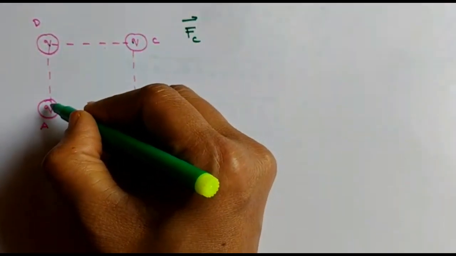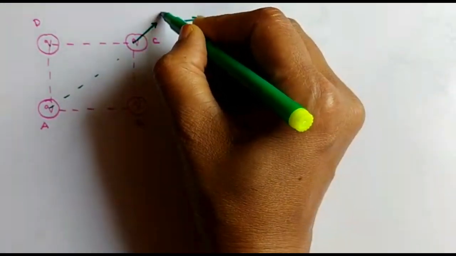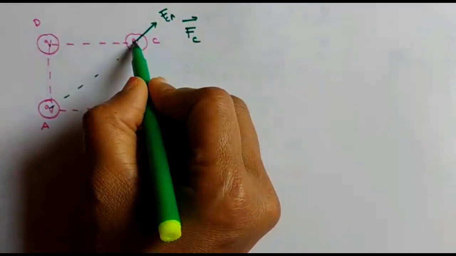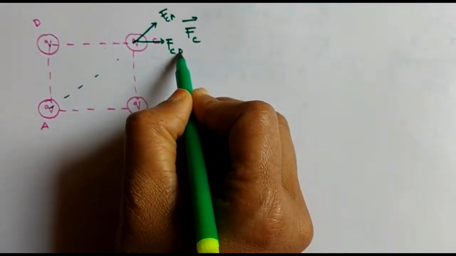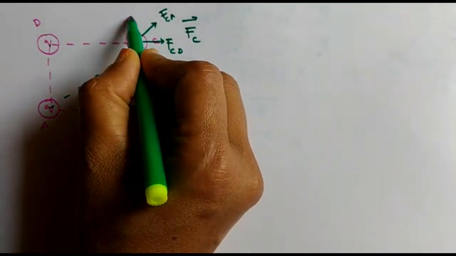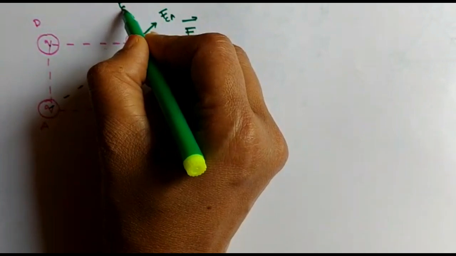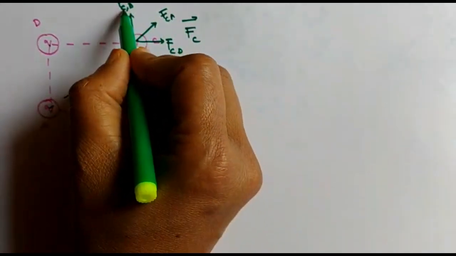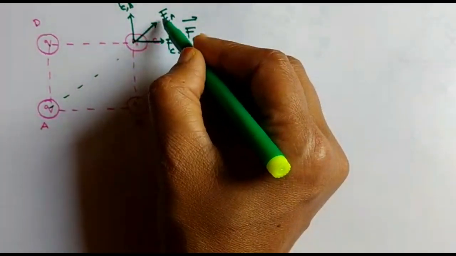So due to A, the force is along the line joining the centers. I will name it as force on C due to A. Due to D, repulsive. This is force on C due to D. One more force which is acting upward because of B. So force acting on C due to B. Now you can see CD and CB forces are perpendicular to each other, and this is along the diagonal.